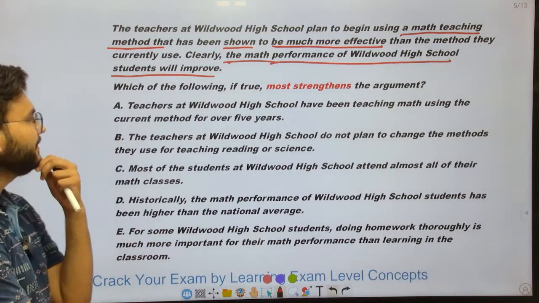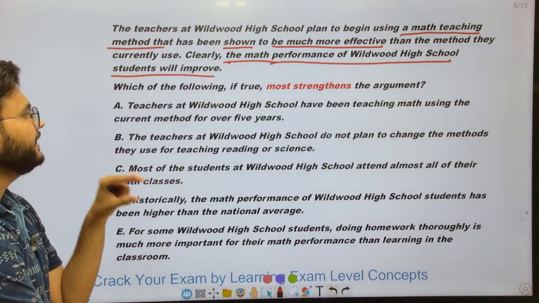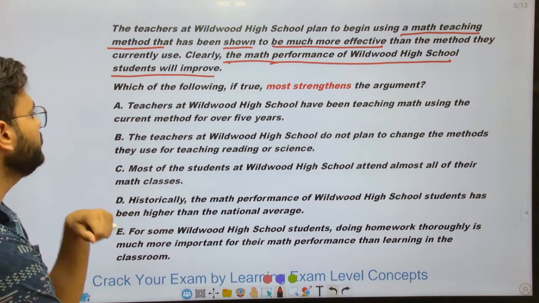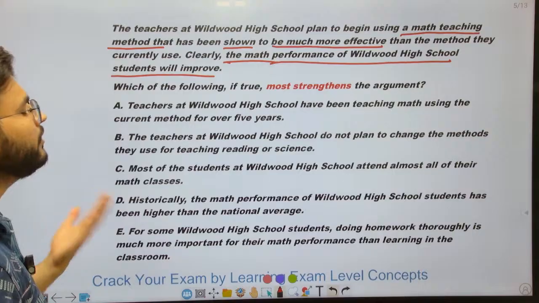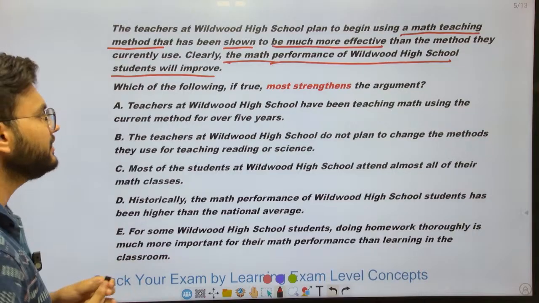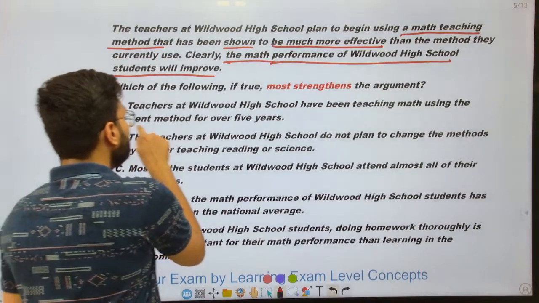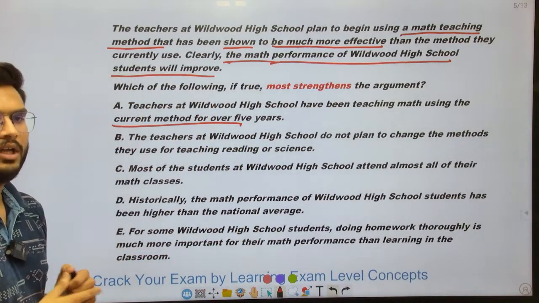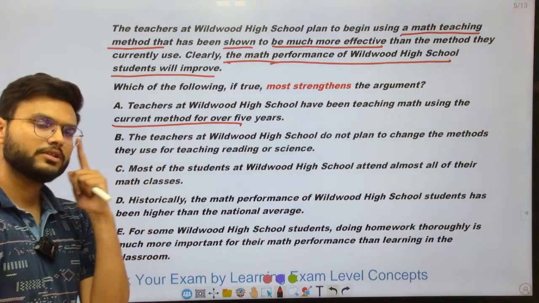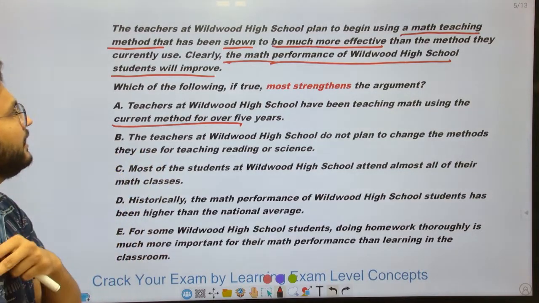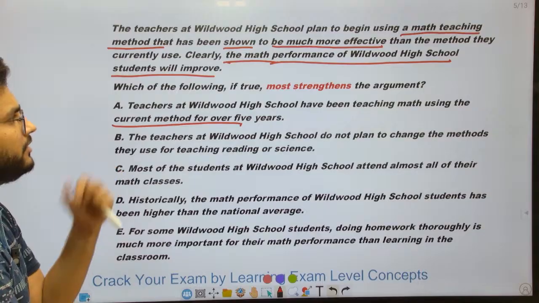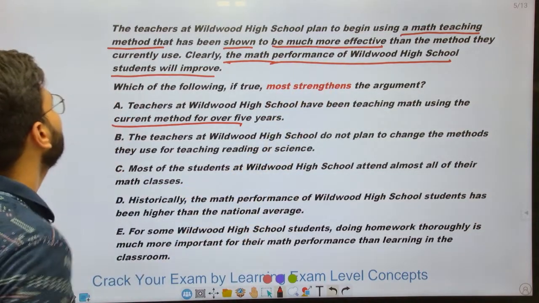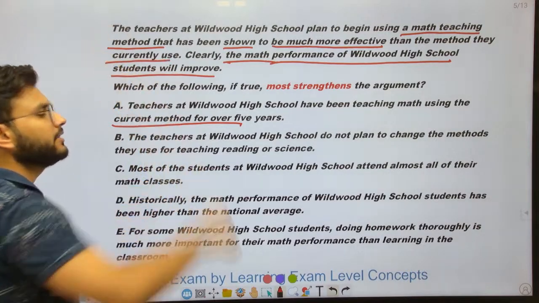Here, option A. Teachers at Wildwood High School have been teaching math using the current method for over 5 years. Now think about that. This tells how the teachers are teaching the students. But we know that they were teaching the students, which means we know that there is a currently used method.